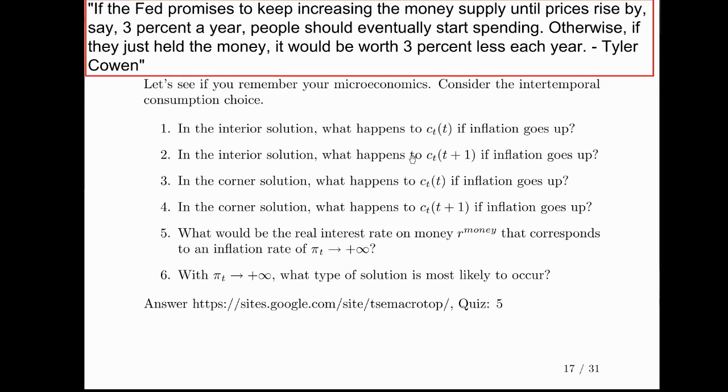Here, the substitution effect and income effect would go in the same direction. My income effect makes me poorer, so I want to spend less tomorrow, and my substitution effect makes spending money tomorrow less worth it. So I have two reasons not to spend more tomorrow.